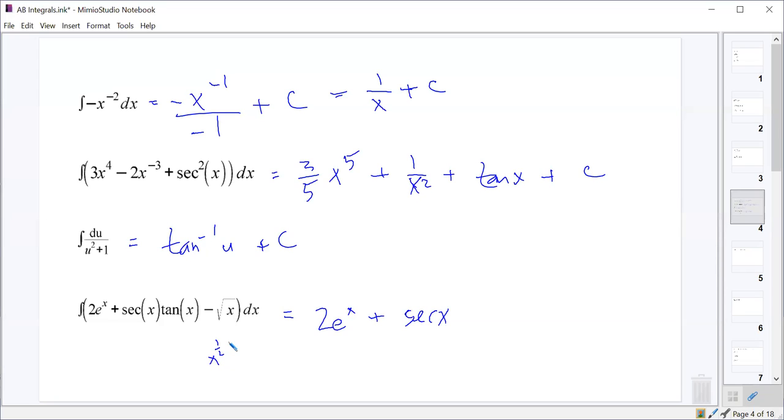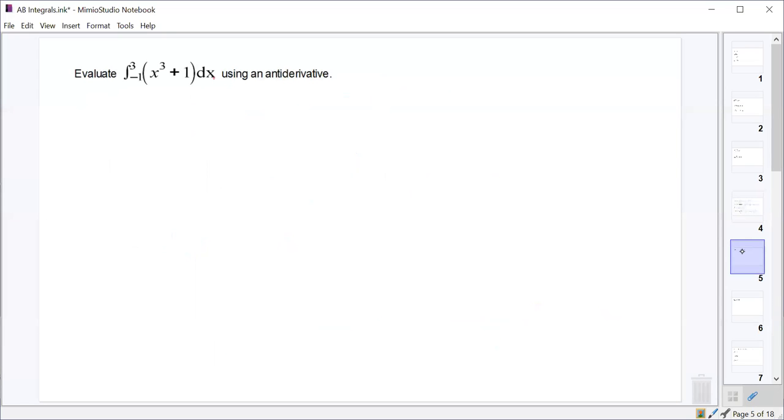Should become x to the 3/2, and we'll divide by 3/2 or multiply by 2/3. So minus 2/3 x to the 3/2, and plus a constant. Everybody good there or no? Yeah. All right. Perfect. Let's do some more.